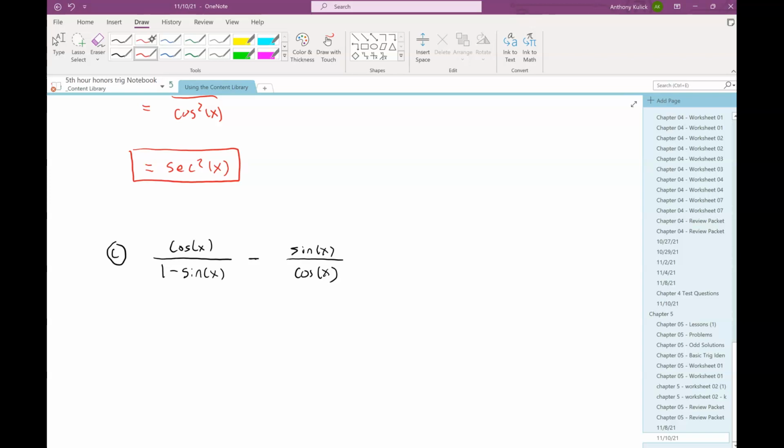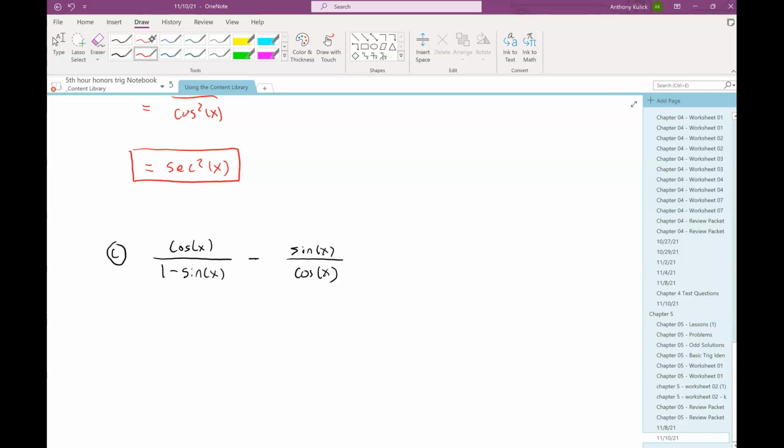Let's make a common denominator, right? If we want to add or subtract fractions, the first thing we'd want to do is make a common denominator. Does that feel okay with you guys? So what would the common denominator be between these two fractions? Should be pretty easy.